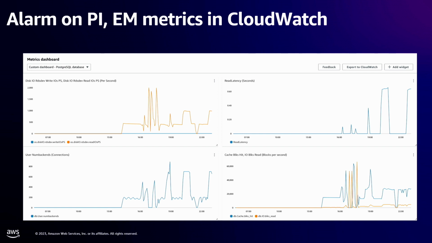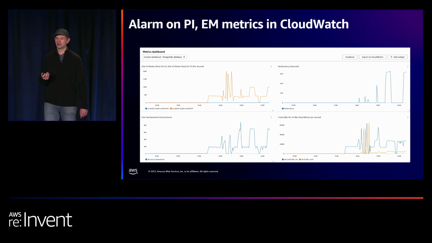And what this means is that you probably want to set alarms on your metrics. CloudWatch already includes a pretty sophisticated machinery to set all kinds of alarms on metrics that it supports. But up until now, you could only set alarms on the CloudWatch native metrics, but not the ones that are coming from Performance Insights or Enhanced Monitoring.